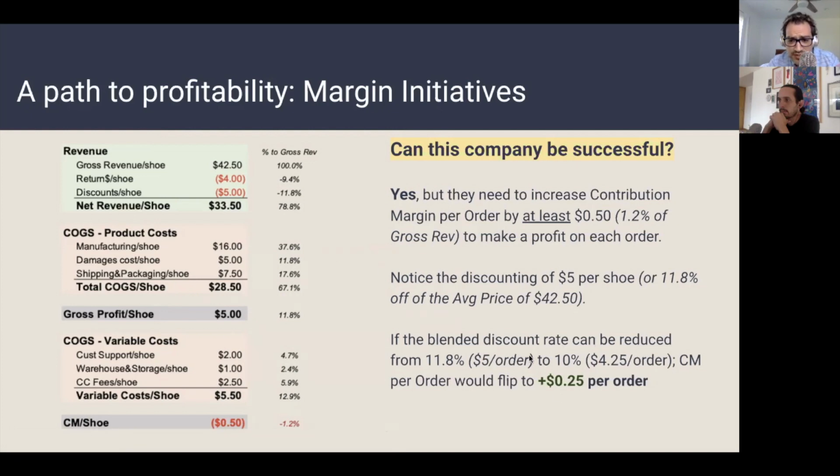And in this example, let's think about a single margin improvement where all they do is start discounting less. They're a little bit more mindful of their sales and promos. So if they're able to bring their discounts of $5 per order, which is 11.8%, down to only $4.25 per order, or 10%, now they would instantly be making 25 cents per shoe.